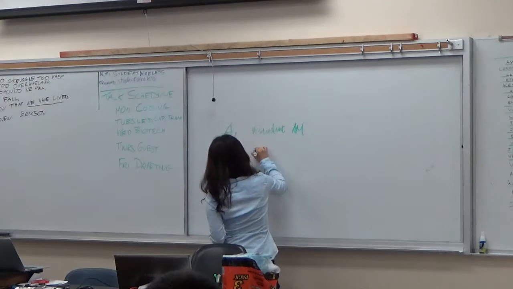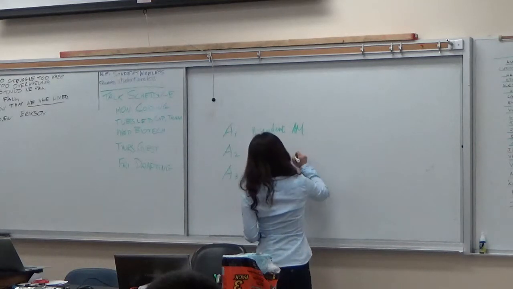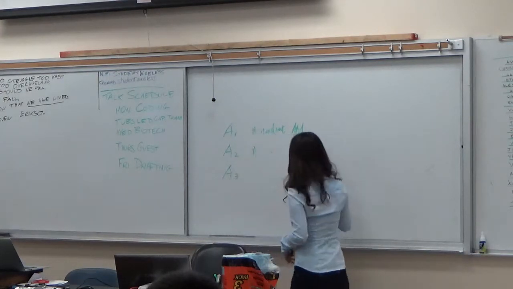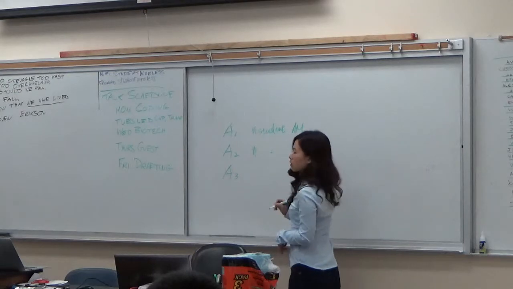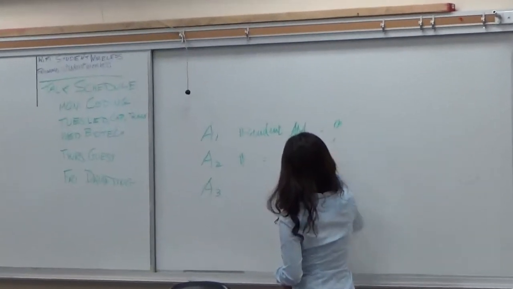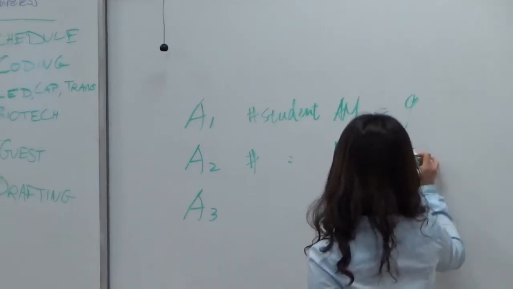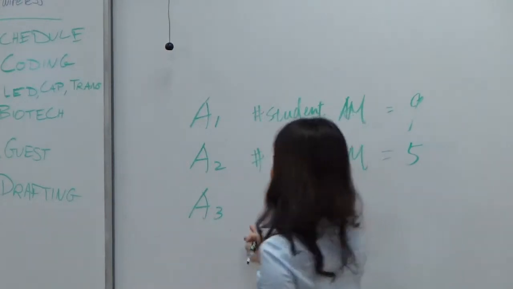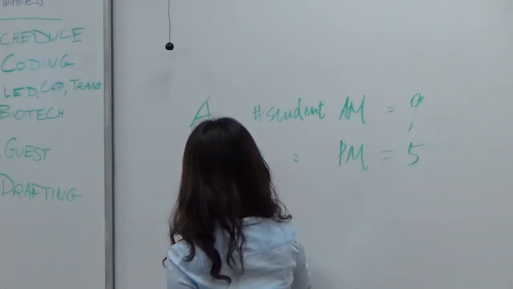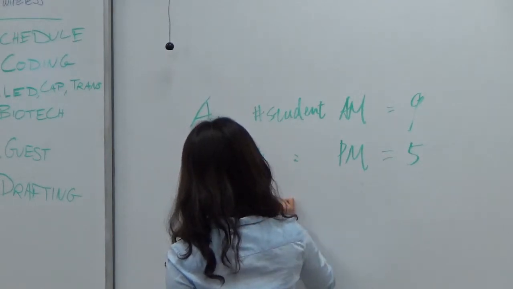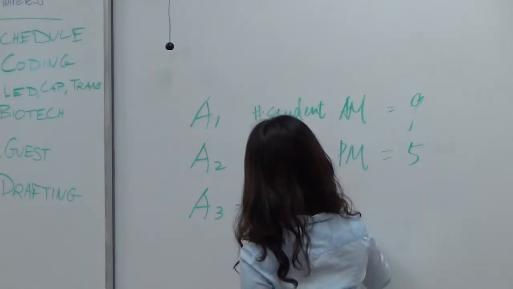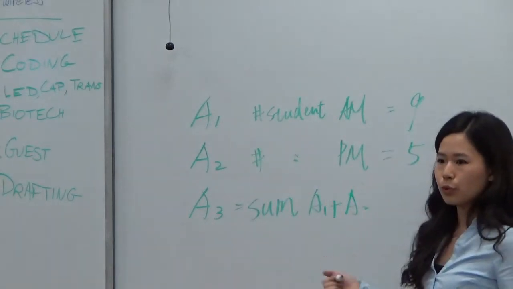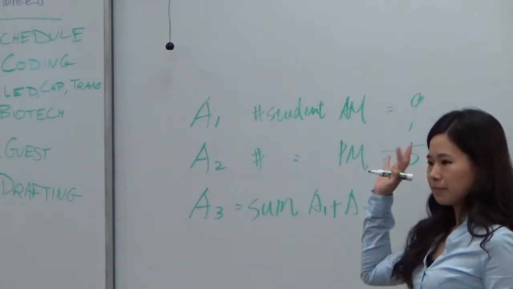Then A2 probably means the number of students in PM session. So okay, then this would be 9, and it has a value of 5 probably. Okay, so A3 we are going to define as the sum of A1 and A2, right? So how do we do this when we program? Anyone?